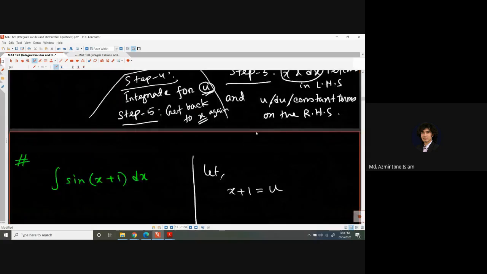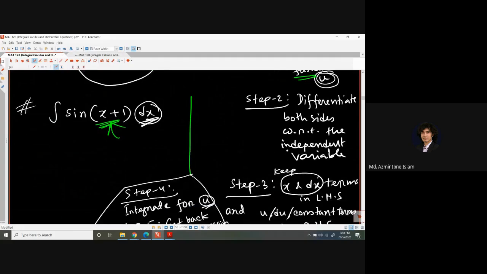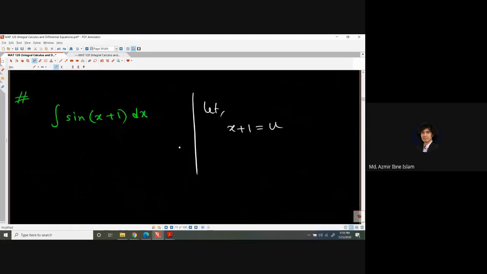So in step 2, we have to differentiate both sides with respect to the independent variable. Here we have the independent variable x. So let's differentiate in terms of x. We are getting d/dx of x plus 1 on the left side and d/dx of u.